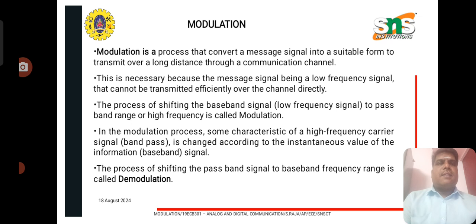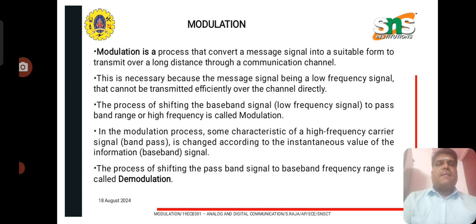Modulation is a process that converts a message signal into a suitable form to transmit over a long distance through a communication channel. This is necessary because the message signal, being a low frequency signal, cannot be transmitted efficiently over the channel directly.